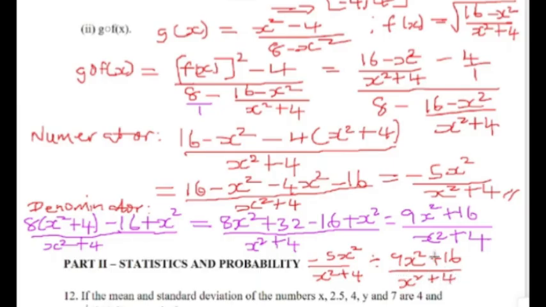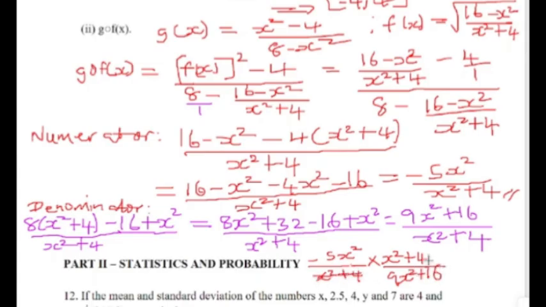Now we use our intuition to know that we're going to flip this. This division changes to multiplication. So once that happens, the numerator and the denominator of the fraction will also flip. So I'm going to have this times x squared plus 4 divided by 9x squared plus 16.